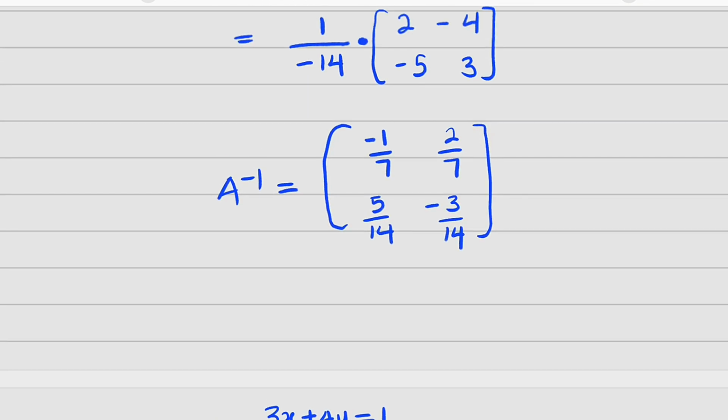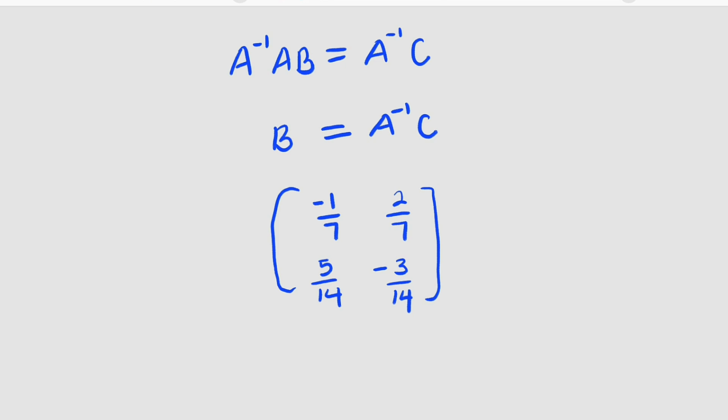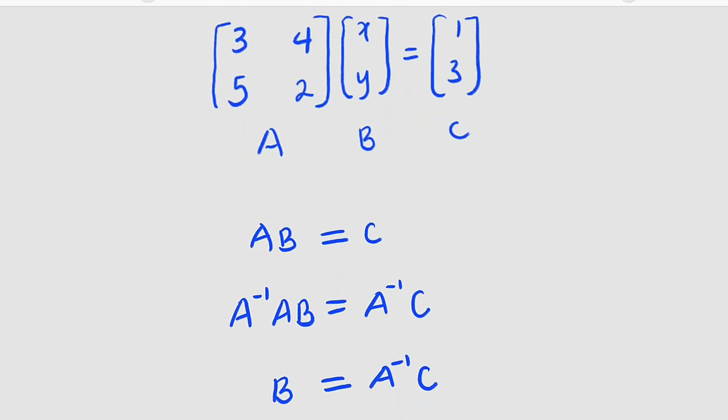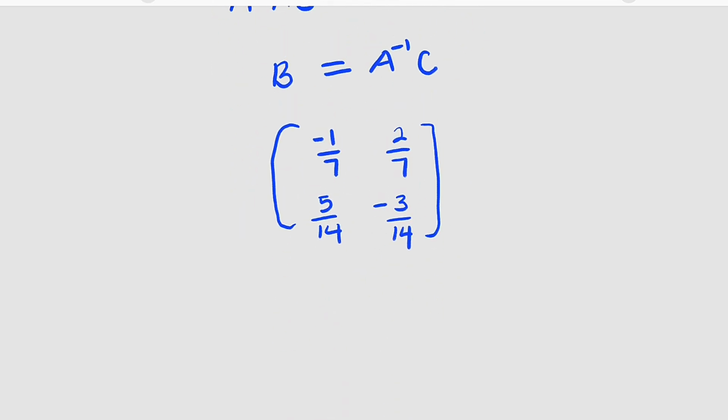All we have to do is multiply it with the constants. So this is the A inverse, and the constants we have are 1 and 3.